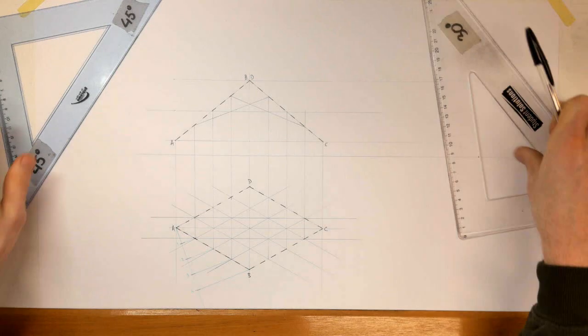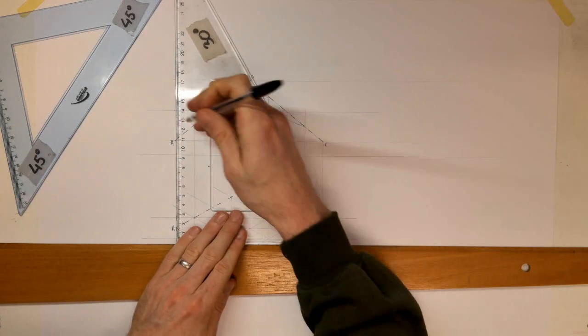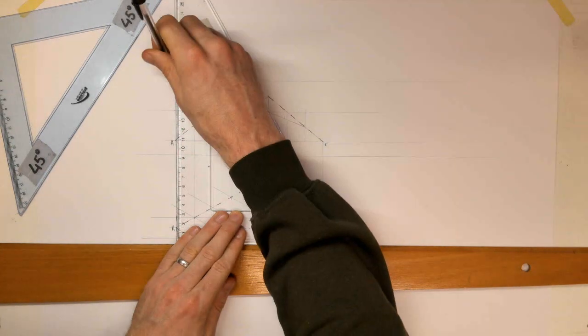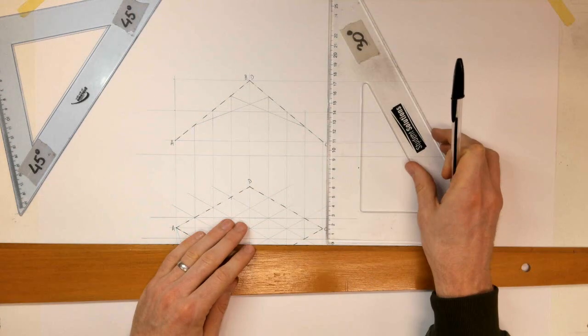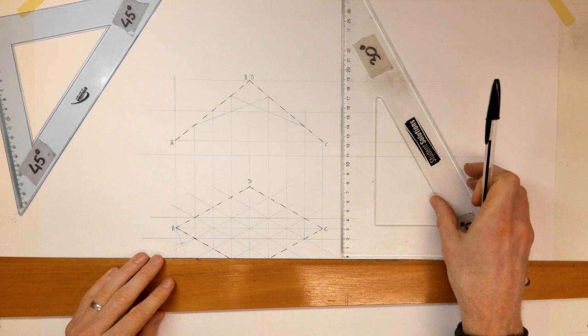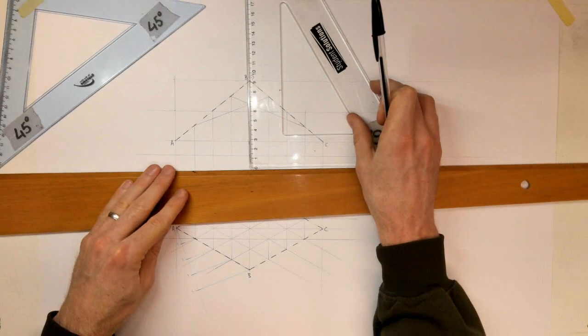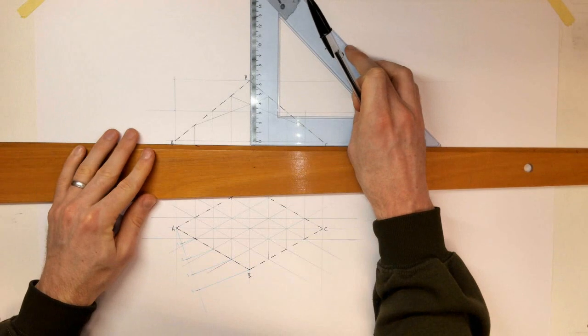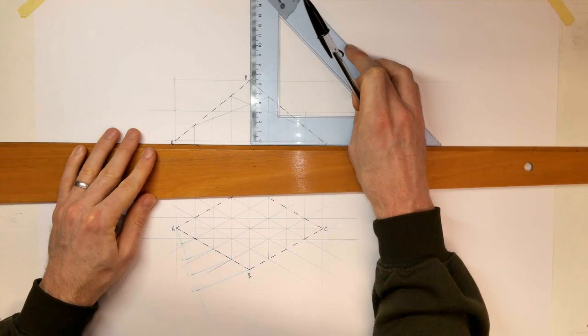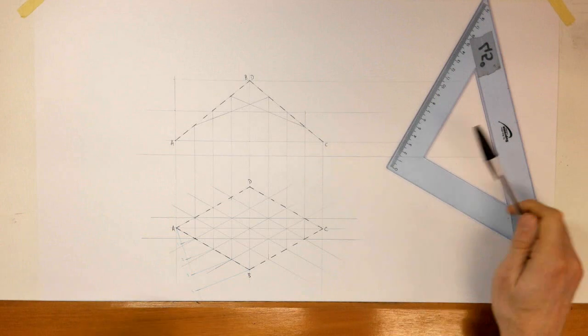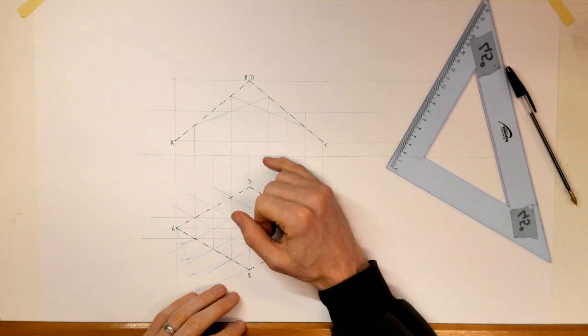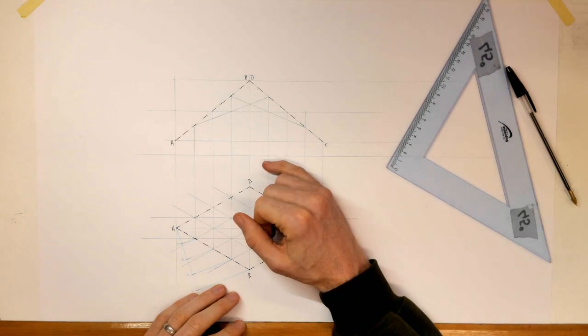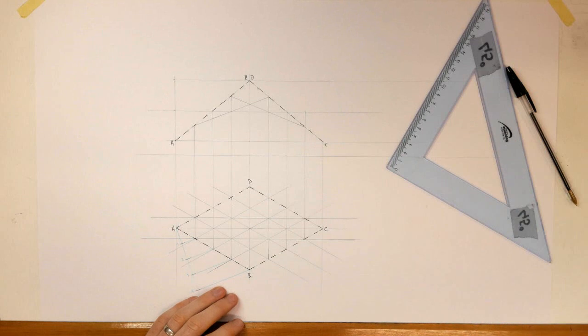So let's draw the rectangle that's going to fit into. Do we have a height for that? 64. 64 divided by 4, 16.